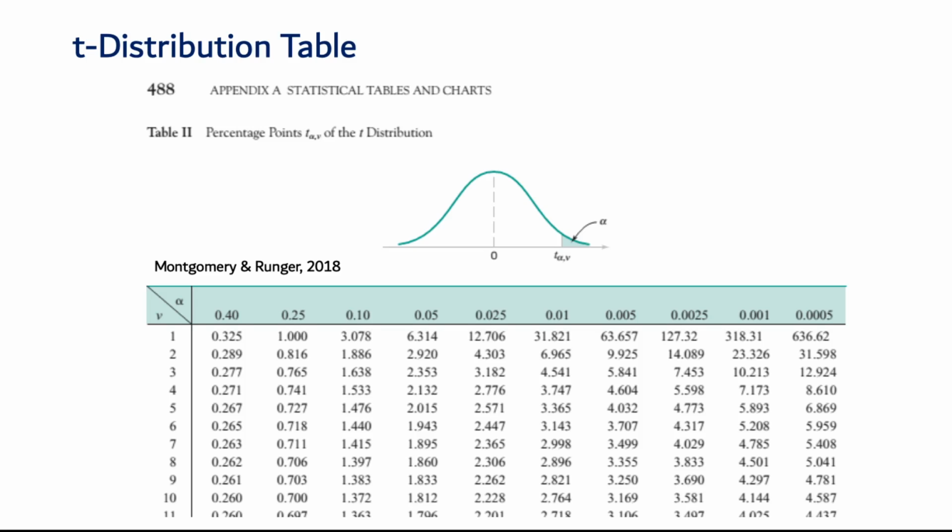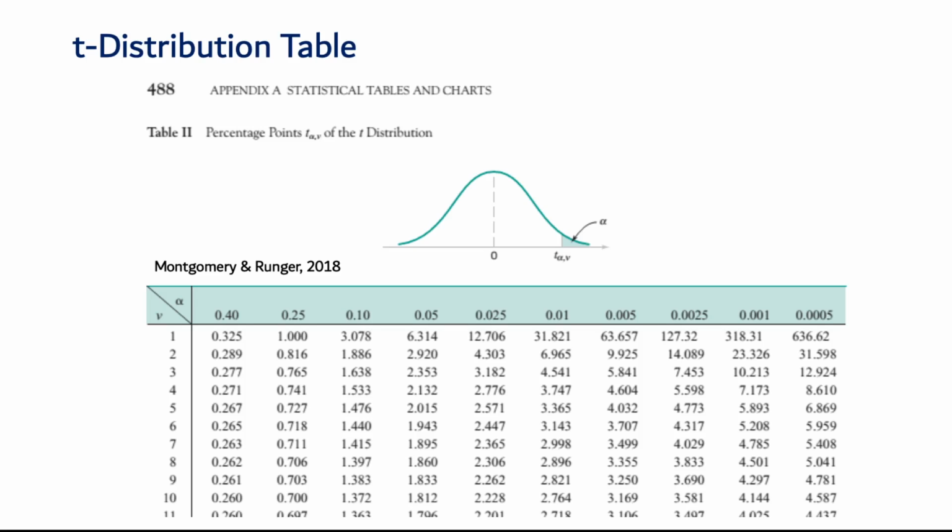The numbers in the body of the table represent the random quantity t. The figure on the top of the table shows that the probability is calculated as the area under the curve.